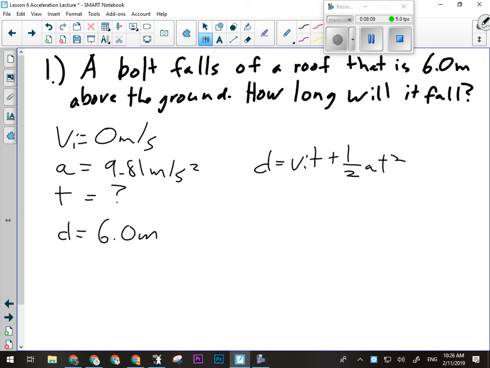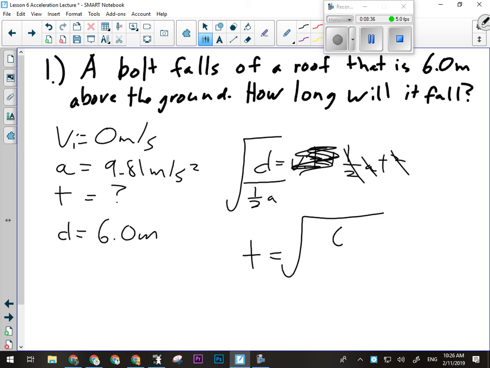That one I told you you'd never have to use to solve for T, except when VI is zero. Since VI is zero, I only have to worry about that part of the formula because VI times T is going to be zero. So now I'm solving for T. I'll divide both sides by 1/2 of A and square root.